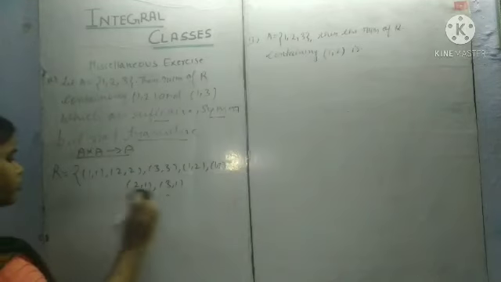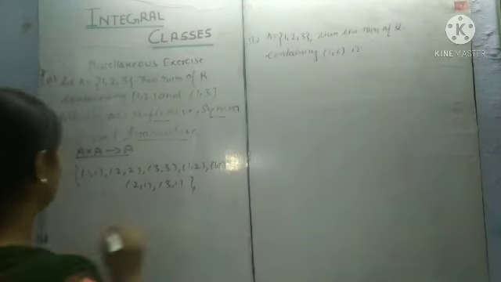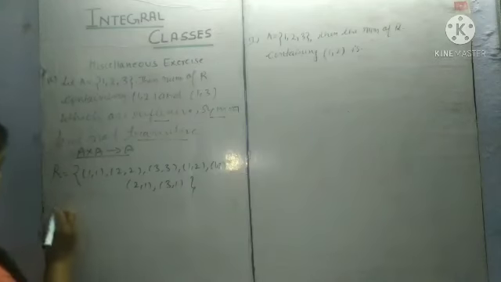Now next is but not transitive. So student, as we observe in this relation, what is the condition for transitive?